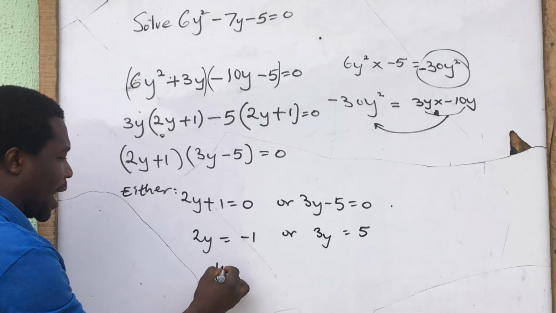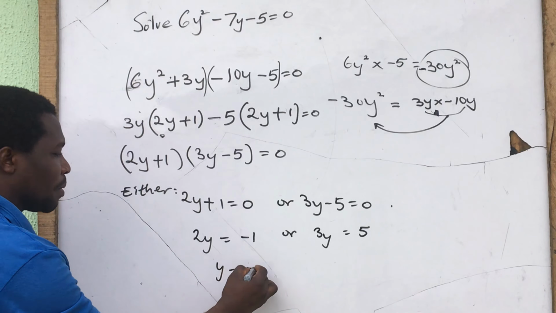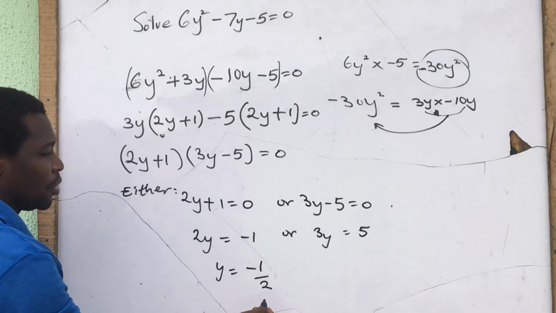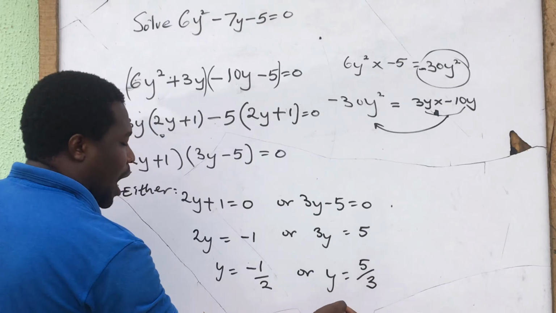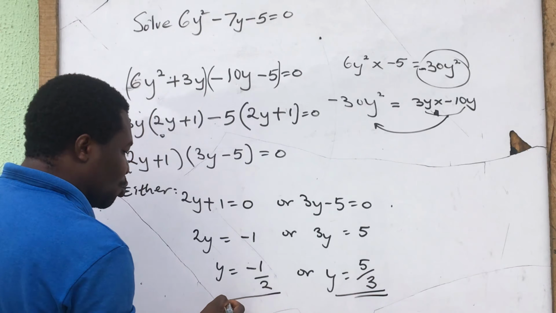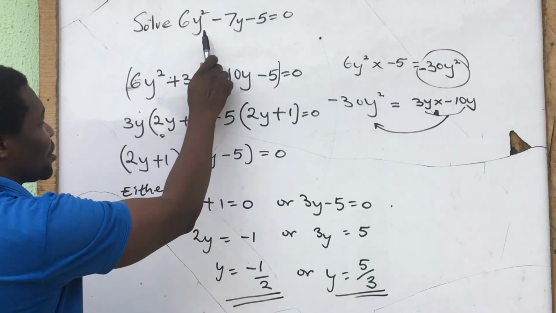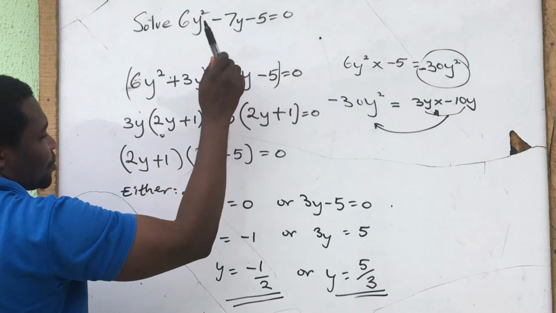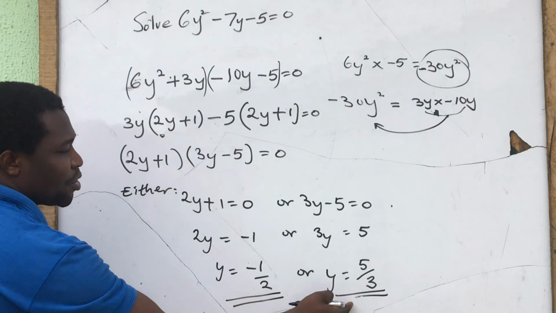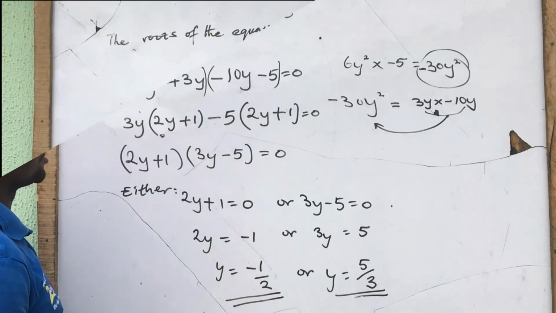From that, y equals minus 1 over 2 or y equals 5 over 3. So these are the roots of this quadratic equation, 6y squared minus 7y minus 5 equal to 0. These are the roots, or the zeros, of this equation.